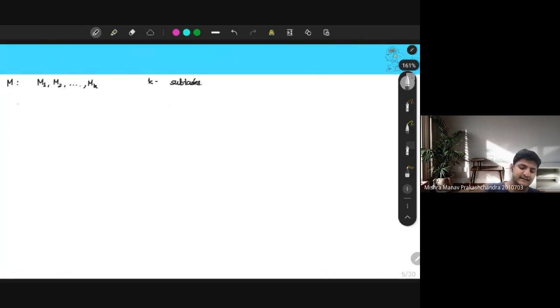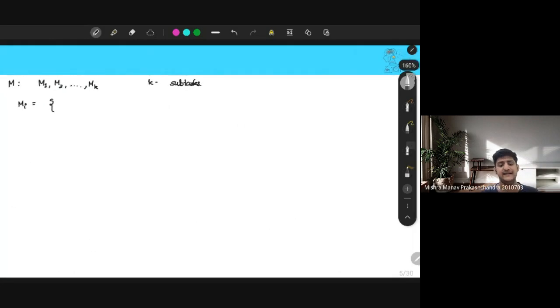Where each subtask, the ith subtask, contains the variable of the state. Okay. Then there is the action. Then there is something known as Ri bar.